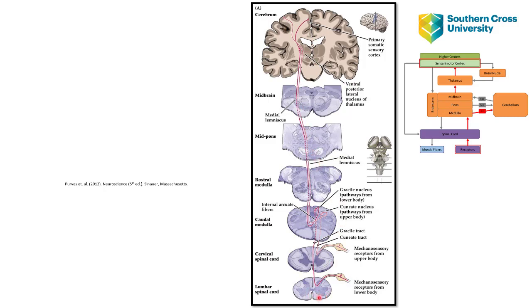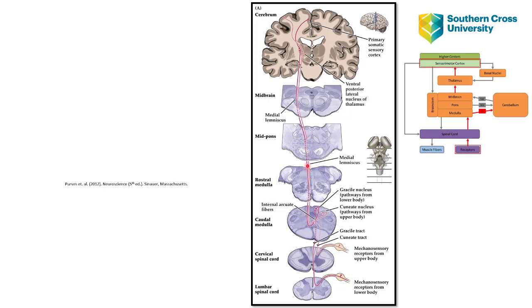In these sensory pathways, there are three neurons. The original neuron, which is the mechanosensor, out in the periphery, will come into the spinal cord and travel up the spinal cord to the caudal medulla. There it will synapse onto the second order neuron. Second order neuron decussates or crosses the midline.